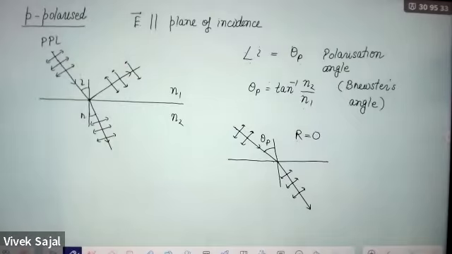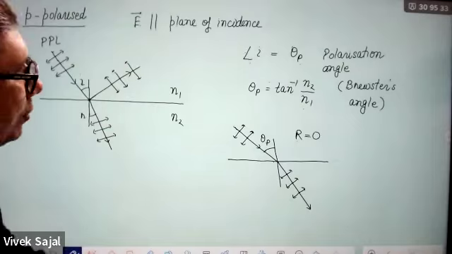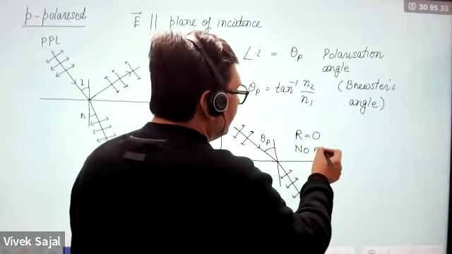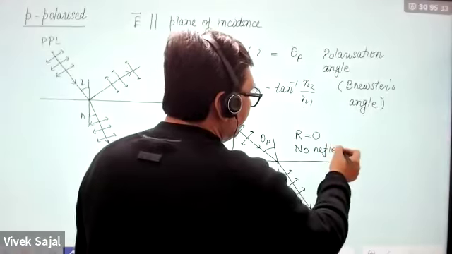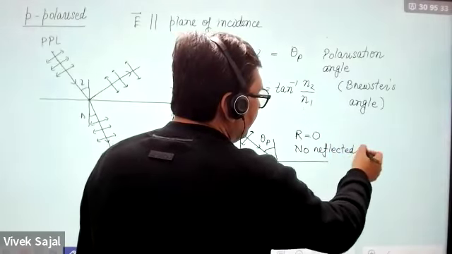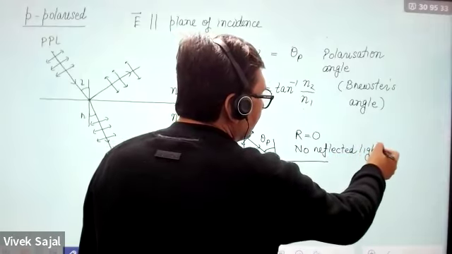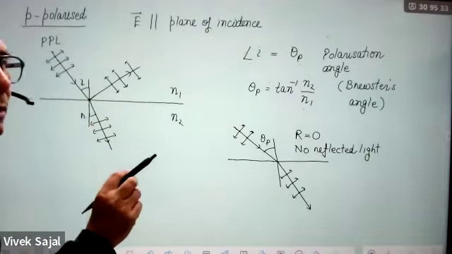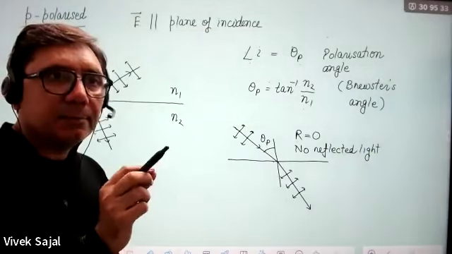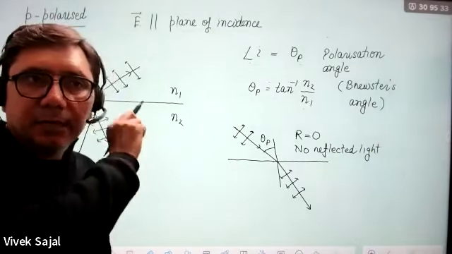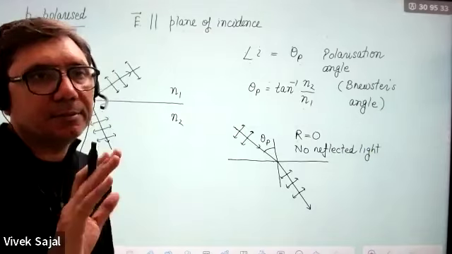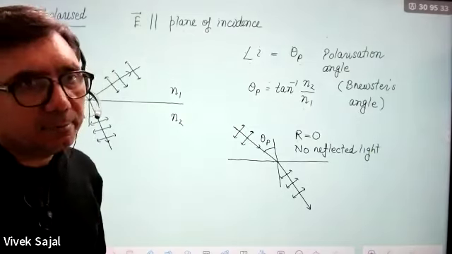You have to remember this. Please remember this. So here, no reflected light. There is a particular angle theta p at which, if this p-polarized light is incident, there will be no reflected light, only transmitted light, only refracted light will be there.